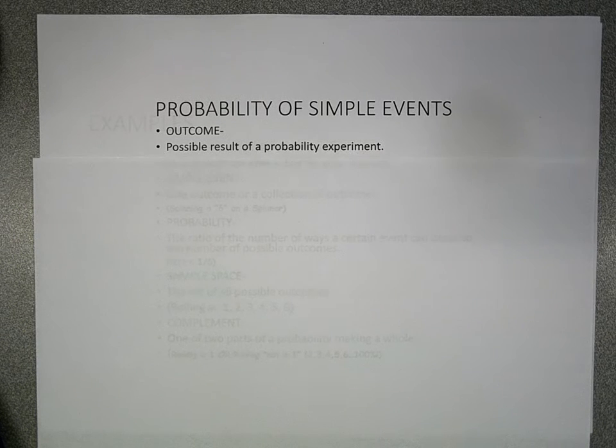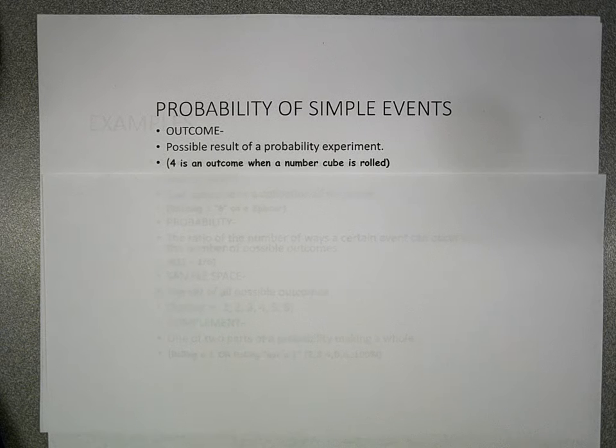So in your little box there, 4 is an outcome when a number cube is rolled. When it's talking about a number cube, it's talking about dice or one die. So you roll it, 4 is one of the outcomes. It's on one of the sides.